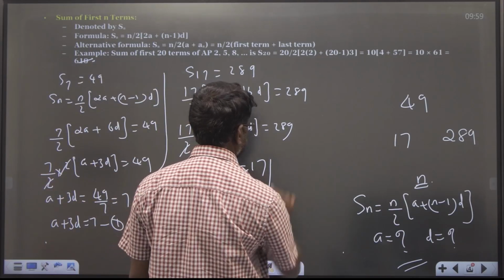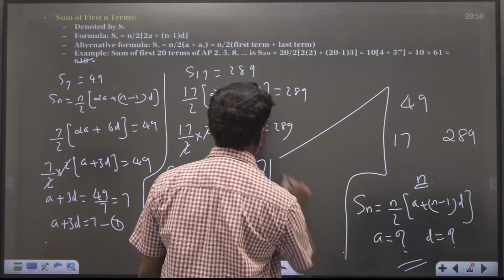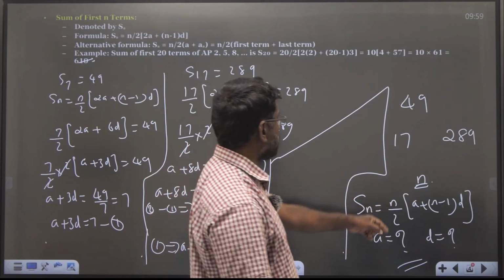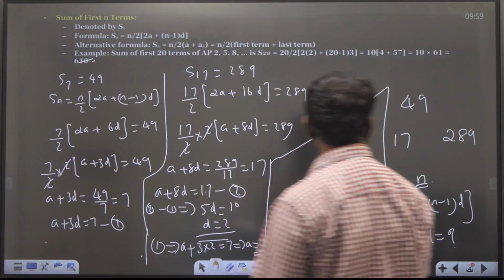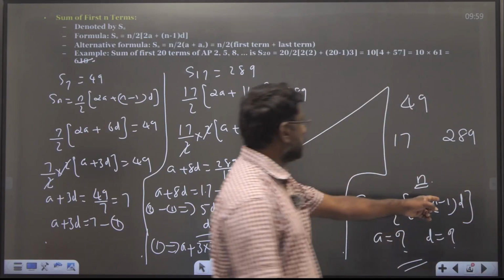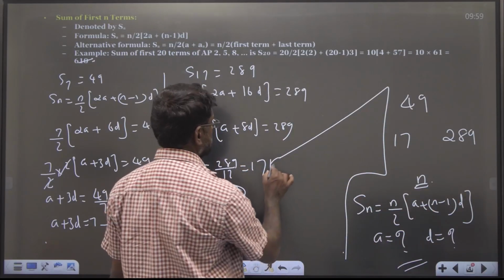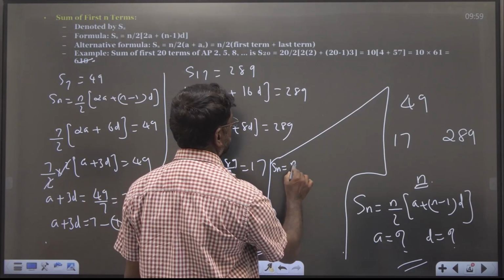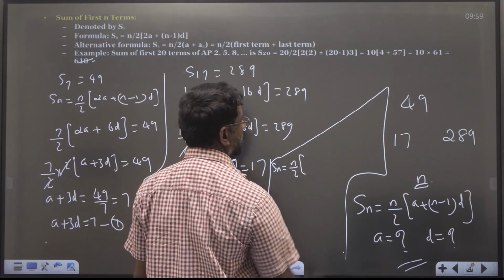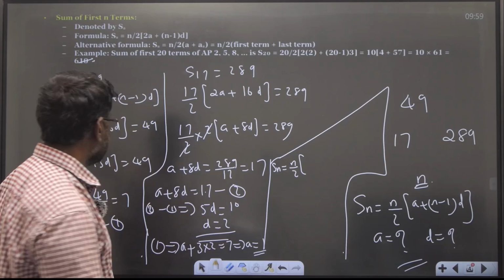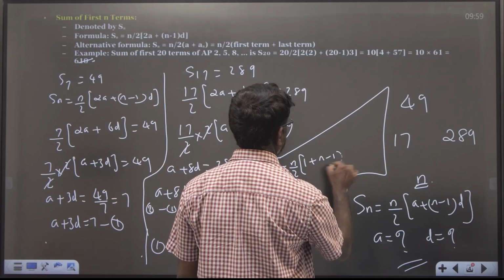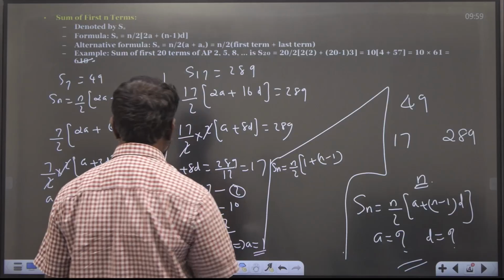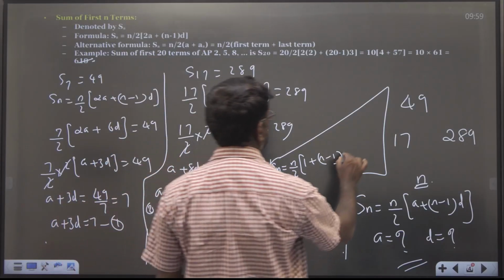And again use this formula. Already we have the value of a and d. Substitute the values of a and d here. That is, Sn is equal to n by 2 into (2a plus (n minus 1) into d). What is a? A is equal to 1. What is d? D is 2.